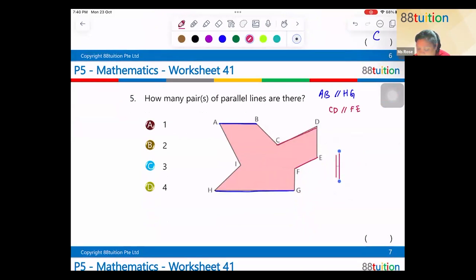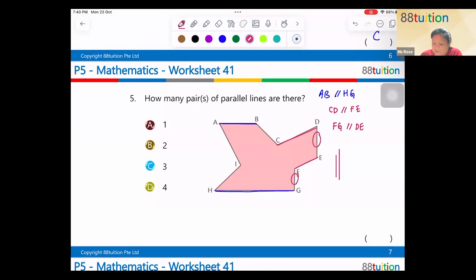Well, you can say that FG and DE are supposed to be parallel, but somehow DE is slightly more slanted than FG. So I also can't find any other angle except for these two.